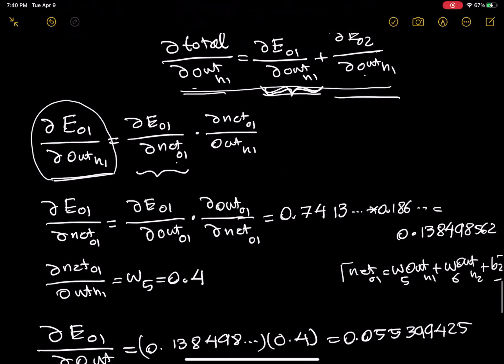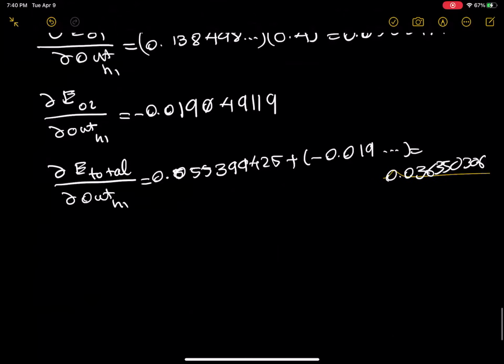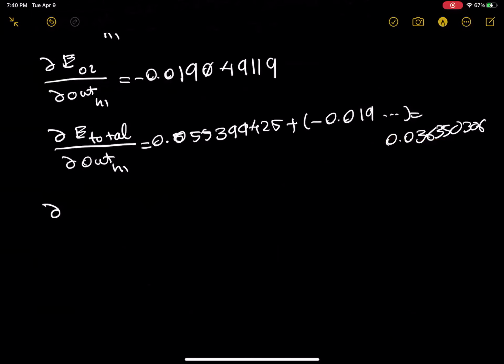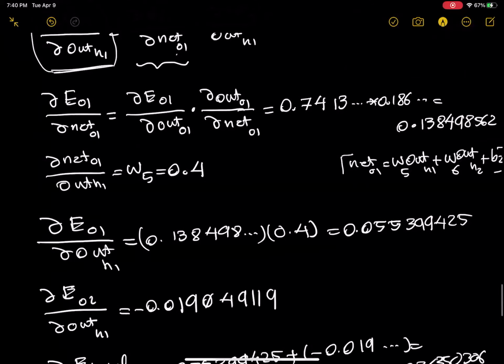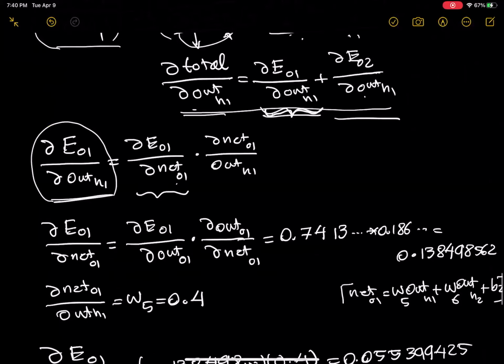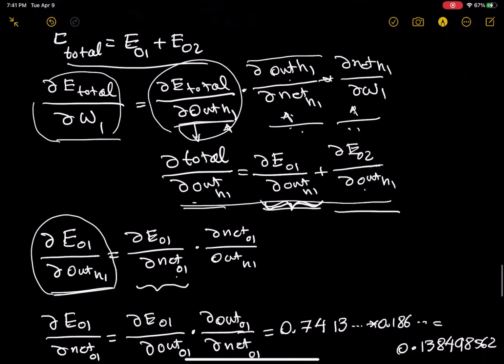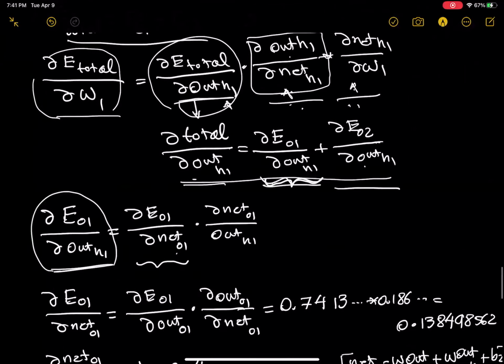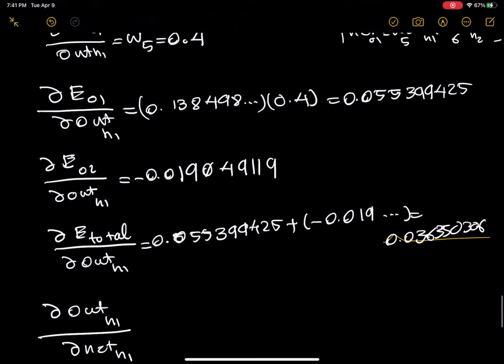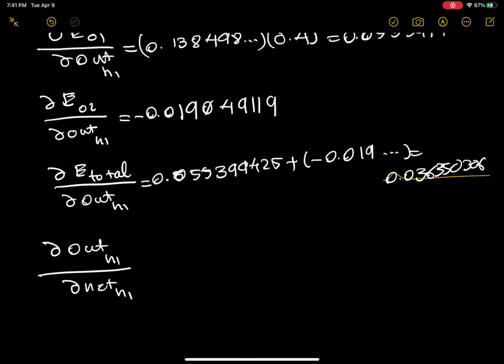So I'm going to figure out right now the out H1 with respect to net H1. So once again, it comes from here. Out H1 with respect to net of H1 is not that hard to do, because out of H1 is a sigmoid function.